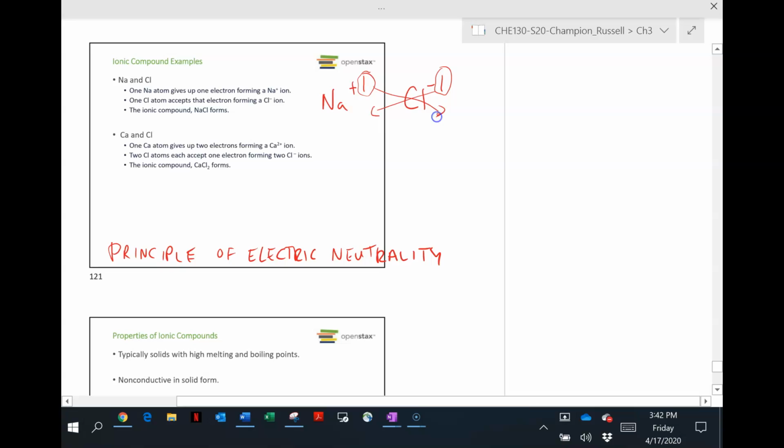Those are going to be the subscripts of the formula, which tell us how many of each type of ion or atom we have. Generally, if we have ones there, we don't write them. We just say NaCl. Now, if we're looking at calcium and chloride, there's a 1 that goes there, a 2 that goes over here, and we wind up with CaCl2.